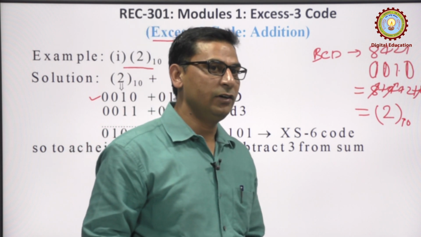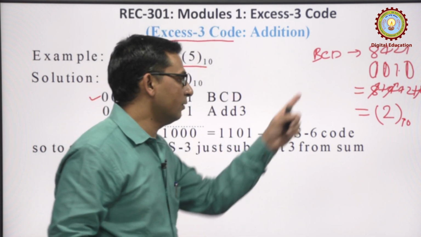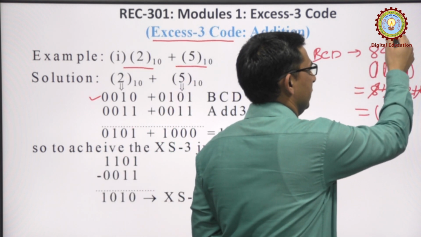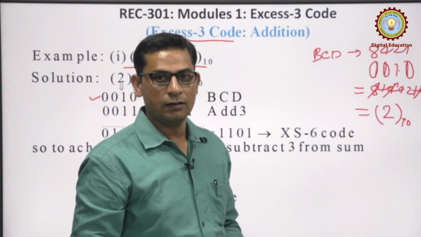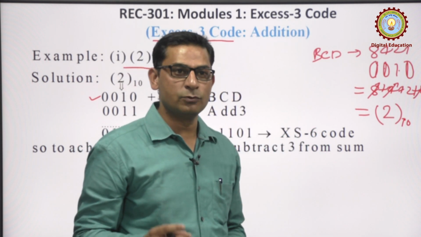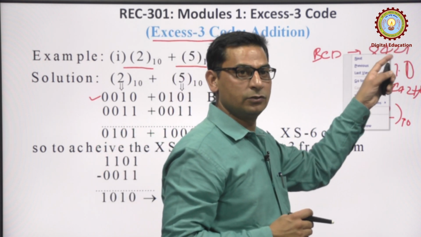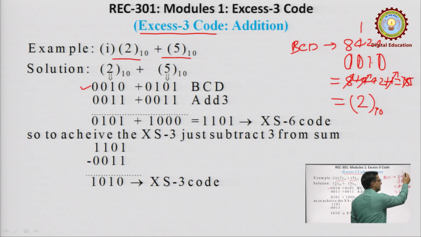Now, if we want to write down the BCD equivalent of 5, we require 4 plus 1 or 2 plus 2 plus 1, but here we have only one 2, so we have to use 4 plus 1.